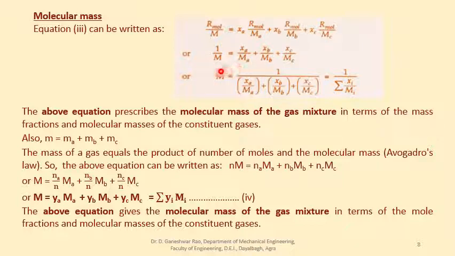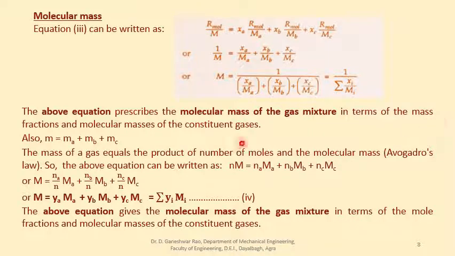Or this gives you 1/M = XA/MA + XB/MB + XC/MC, where this capital M indicates the molecular mass for the mixture. MA, MB and MC are molecular masses of gas components A, B and C. Just reverse it so that you get the expression for molecular mass M, right? So this is how you find out molecular mass and gas constant.